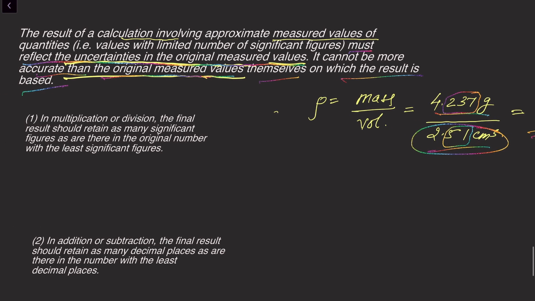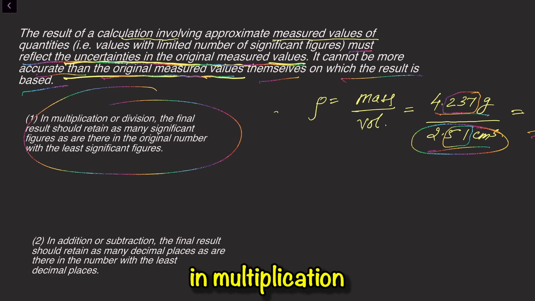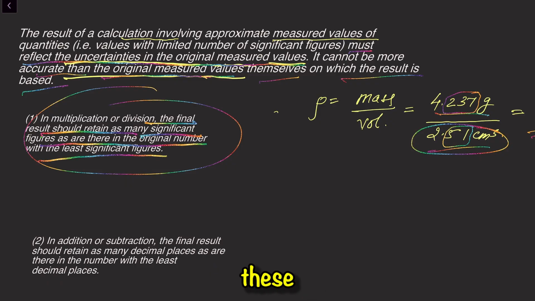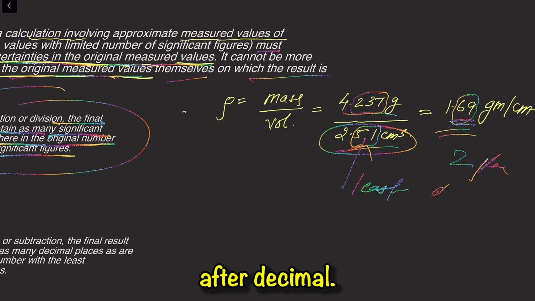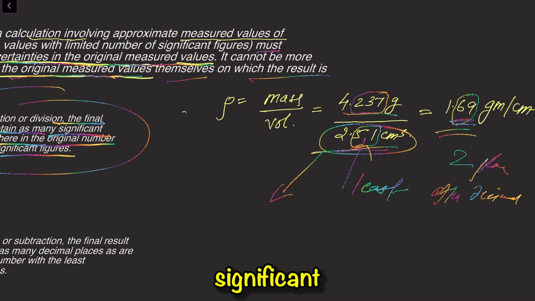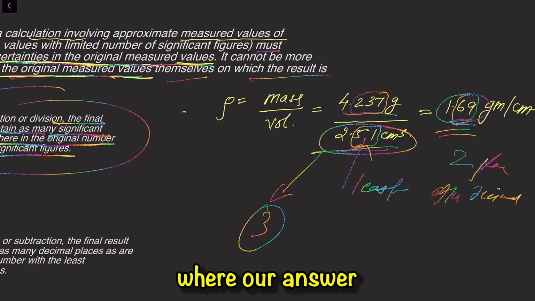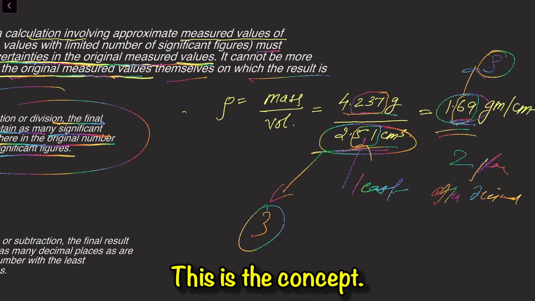In multiplication or division, the final result should retain as many significant figures as there are in the original number with the least significant figures. Here the least is three significant figures, that is why our answer also comes with three significant figures only. This is the concept.